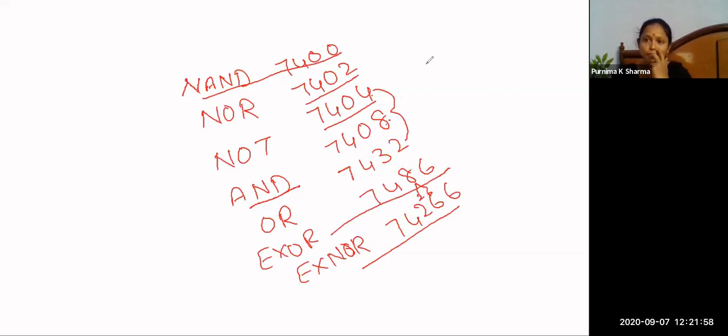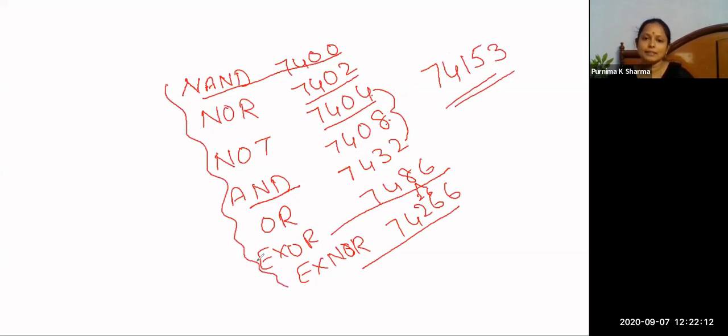Remember these IC numbers, otherwise you cannot perform the remaining experiments. Along with this, you have to remember one more IC, that is 74153. It is a multiplexer. It is not a universal law to remember, but it is an easy way, which I feel, so I am sharing with you.